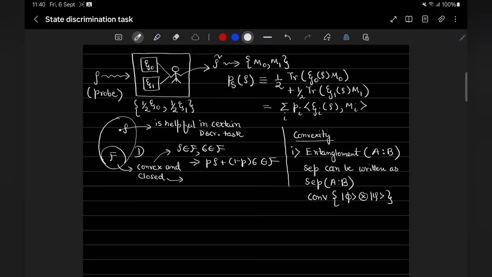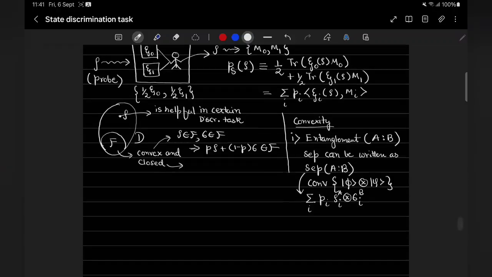This convex hull itself means that it forms a convex set. There is also another equivalent way to write the separable states. It is the summation over i of p_i rho_i tensor sigma_i, where sigma is on the B part and rho is on the A part.